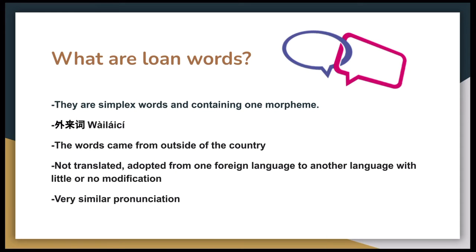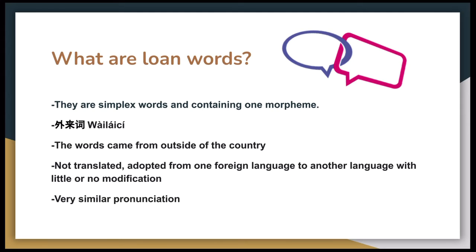First, what are loanwords? Loanwords are simplex words, which means the words contain only one morpheme. Since it is one morpheme, we cannot break down the words because then it will destroy their meaning. In Chinese, loanword is 外来词.